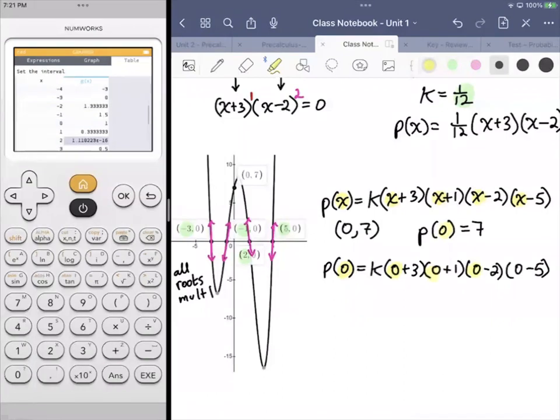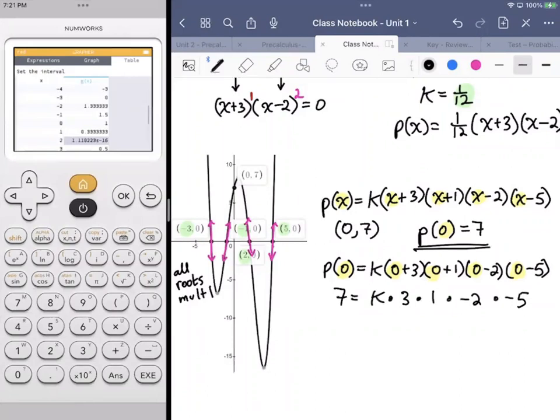Now that P of 0 on the left-hand side, stated right here, given by the coordinates and our understanding of function notation, this left-hand side is equal to 7. So now I could say that this is k times 3 times a 1 times a -2 times a -5. 0 is a great number.